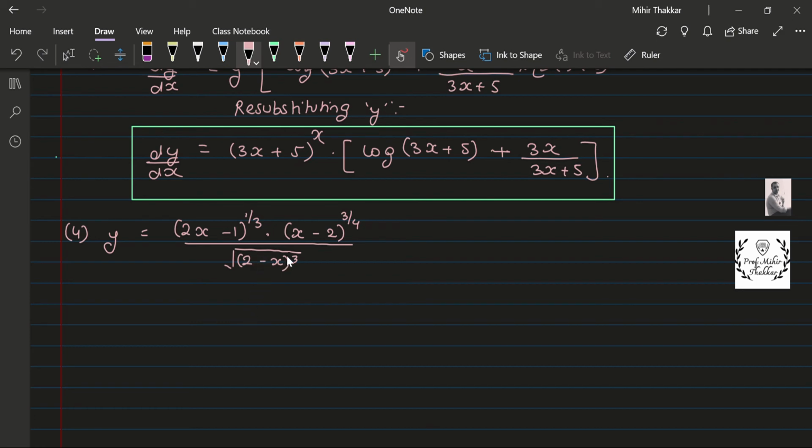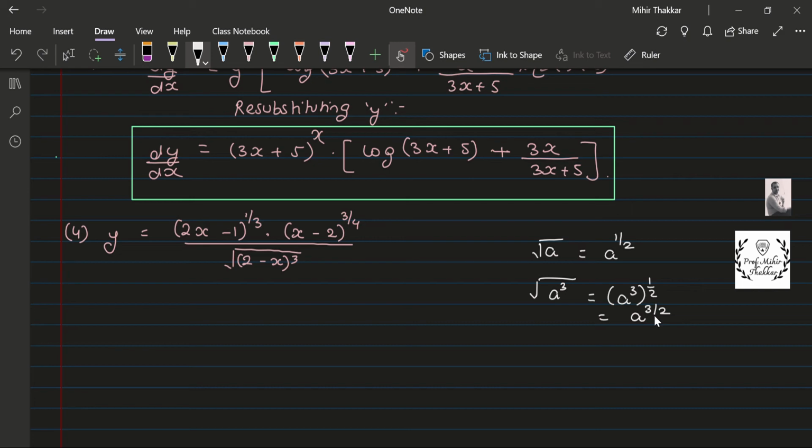So if I have 2 minus x the whole cube, the first thing that I will do is apply my laws of indices and write this square root as power 1 by 2. You already know square root of a is a to the power 1 by 2, and if I have square root of a cube, this will become a cube to the power 1 by 2, where both powers can be multiplied and written as a to the power 3 by 2.